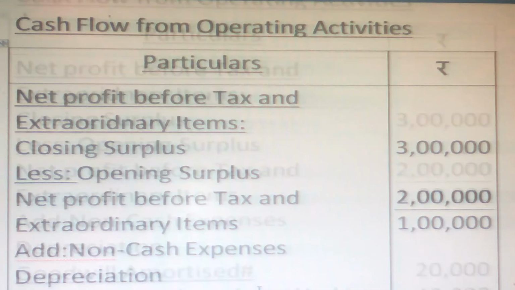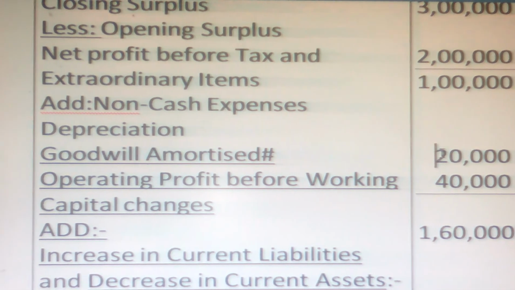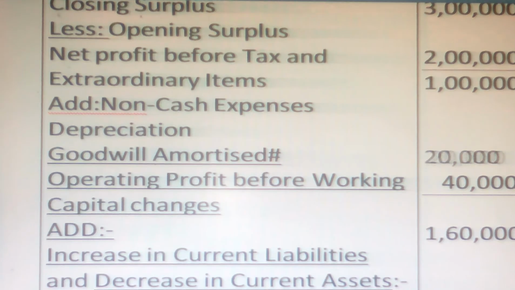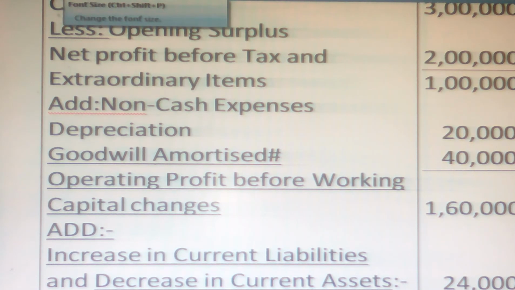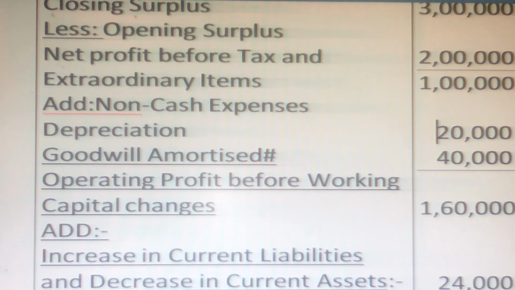That's what we're going to present here. Then our goodwill amortized, 40,000.